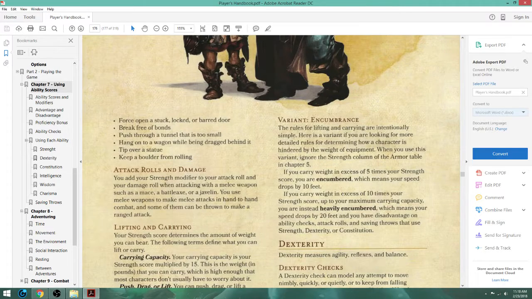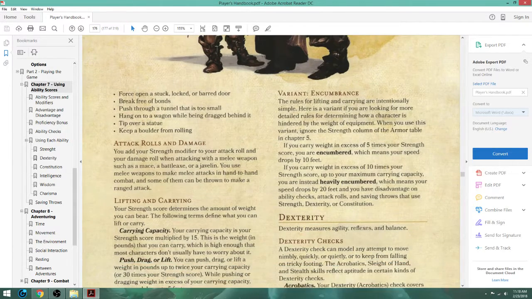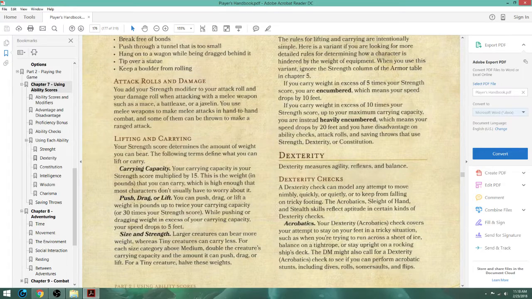Now having strength, usually you add your strength modifier to all your melee abilities, such as mace, battle axes. Use it for your attack and damage roll for melee items. Also, you have lifting and carrying capacities. Now, lifting and carrying capacities pertain to your strength score multiplied by a certain number.